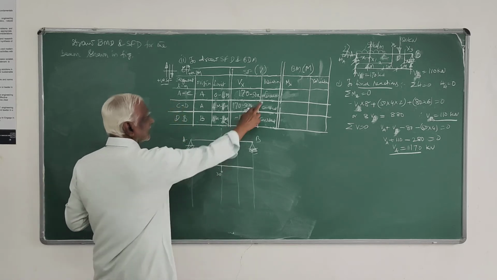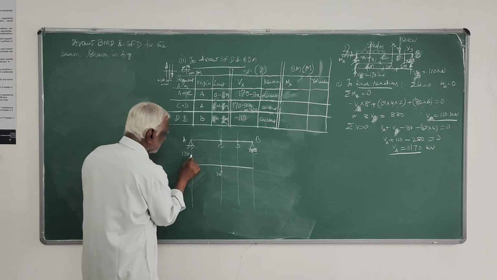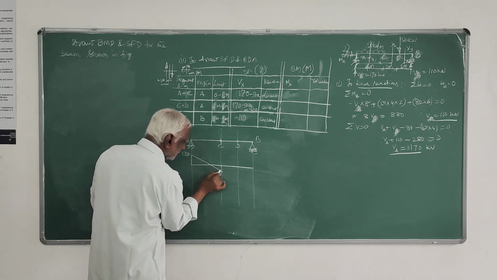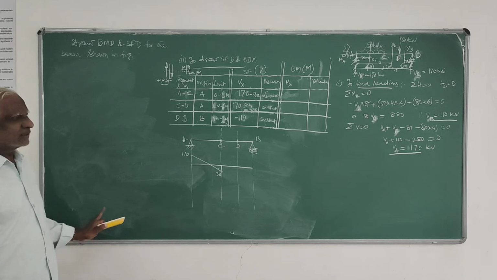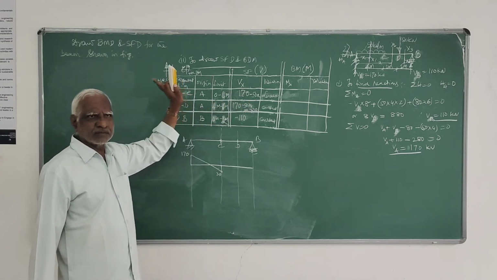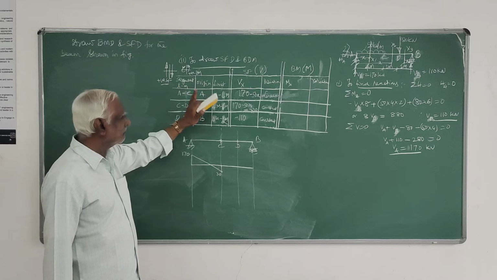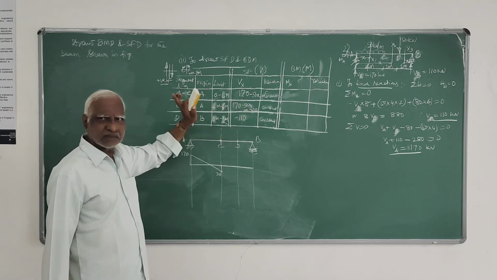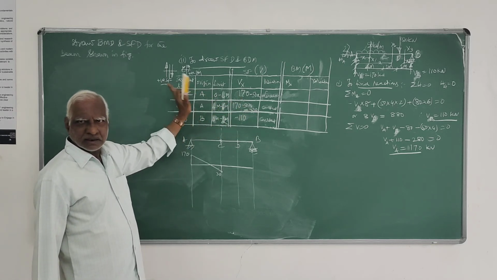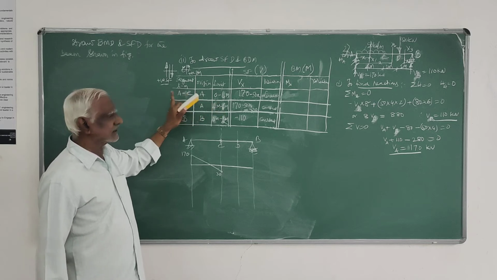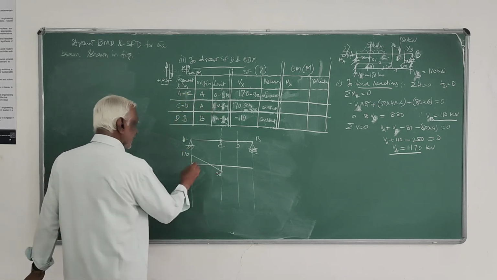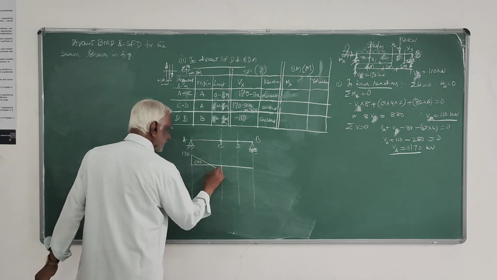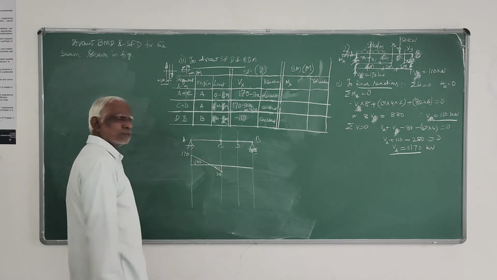From this to this, it is linear. Is it clear? This is the straightforward procedure for drawing shear force and bending moment. This is by definition of shear force, right? For these sections taken in these segments, here this is positive, this is negative.